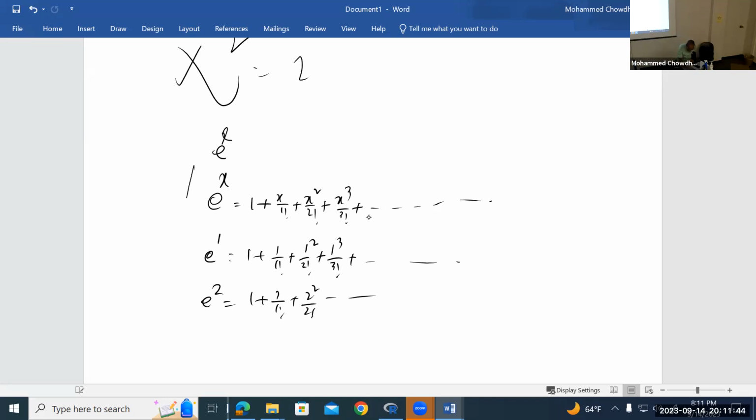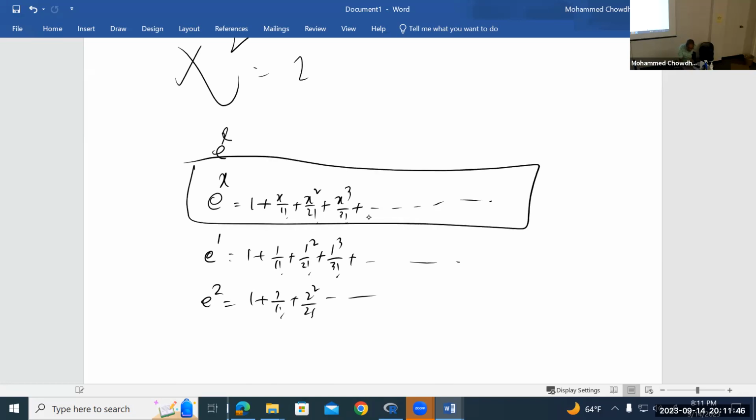They have defined it that way. And if you plug in a minus, then the signs alternate: minus, plus, minus, plus.